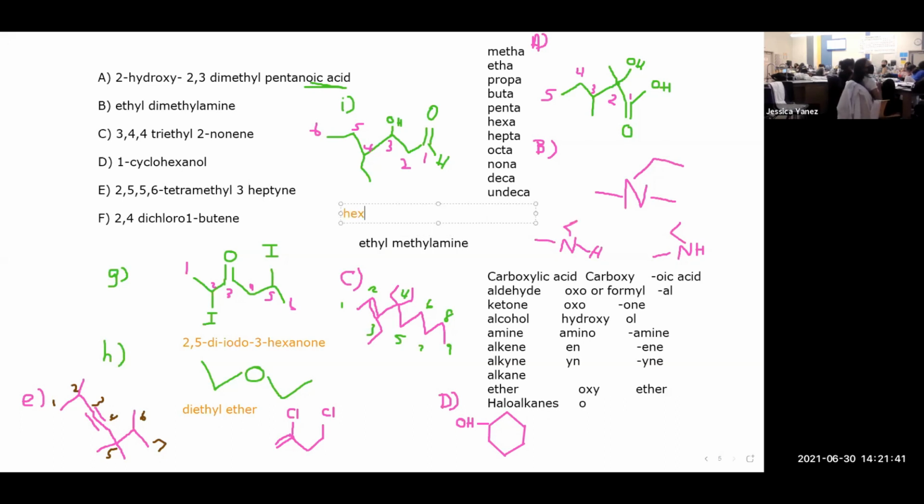Right? Hexa. No, oic because it's an acid. Are you sure? No. Oxo. But isn't this the major functional group? It has priority. It's al. Okay. Hexanal.